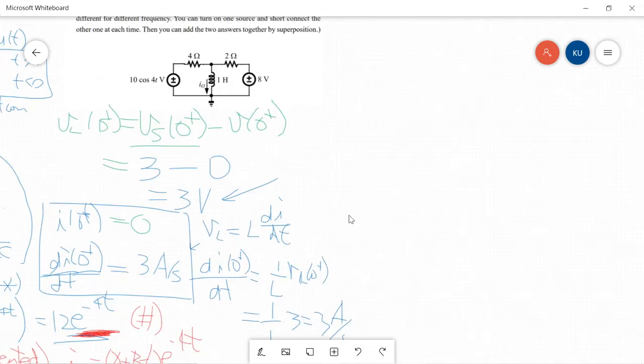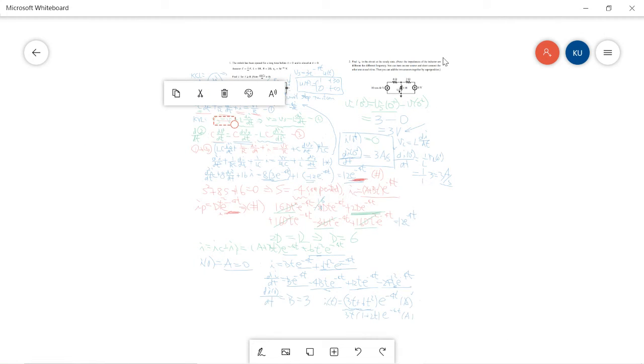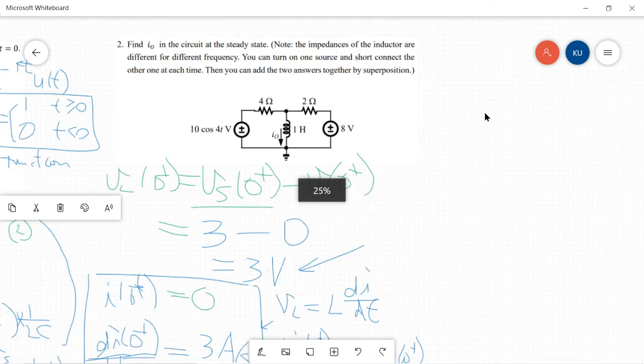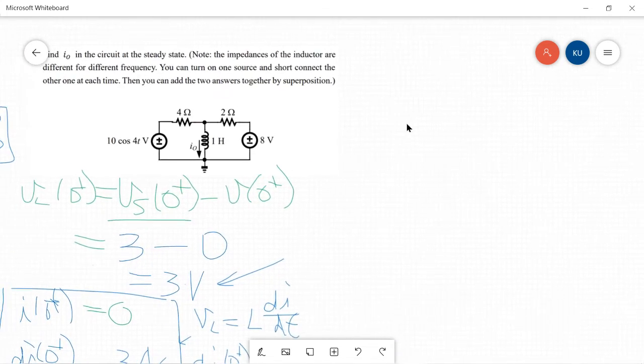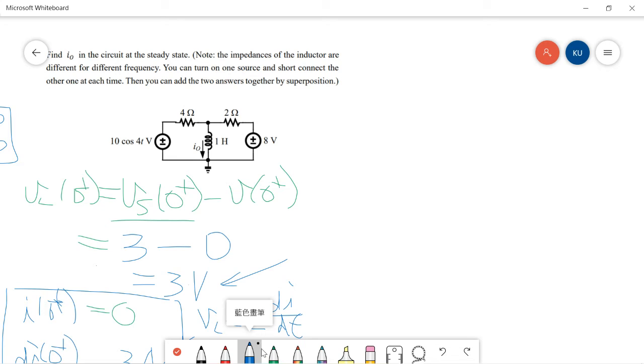Okay, for the second one, we can actually use the superposition principle to find the solution. Actually, we have two sources, so that we can just switch on one.